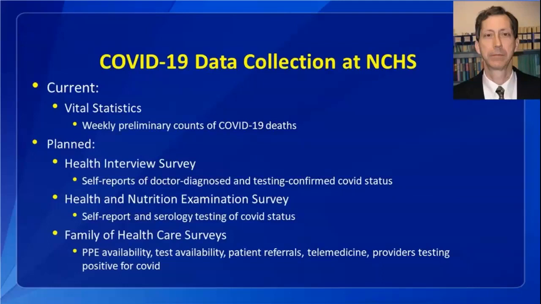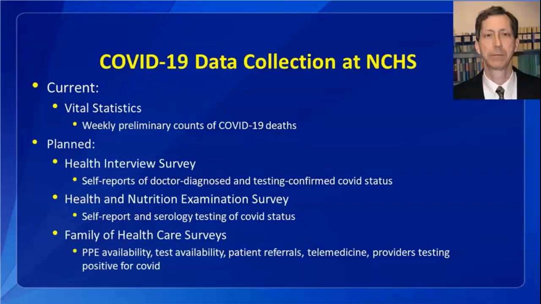At present, the only one of our systems that has COVID-19 data is the vital statistics system, which of course derives from death certificates obtained from U.S. states and registration offices. And thanks to the implementation of electronic death registration in most of the U.S. states, we're now able to receive data much more quickly than in the past.